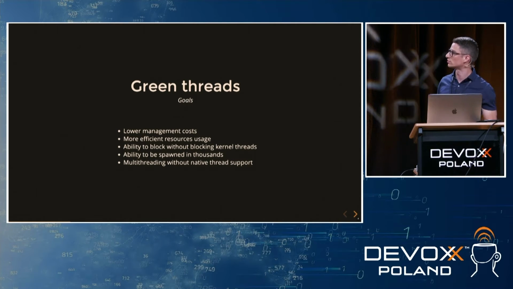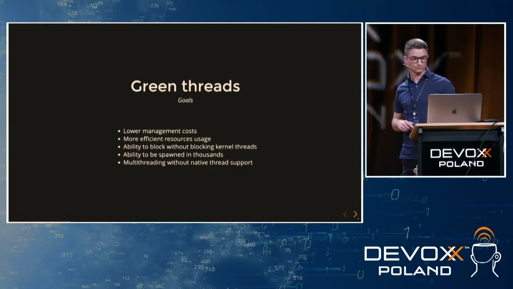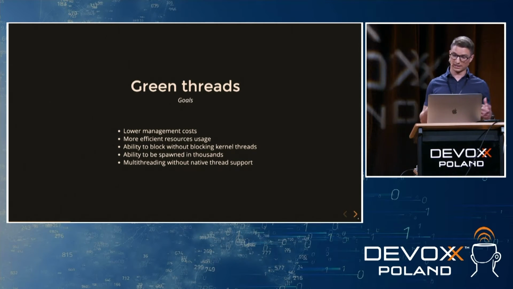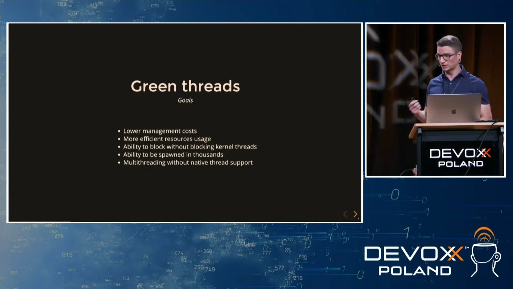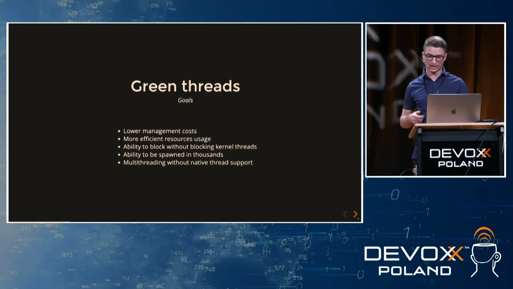They can use those resources more effectively. And since they are detached from kernel threads, we achieve different semantics when it comes to blocking. Because from now on, blocking on a green thread will block the green thread itself, but this will not propagate as blocking of the underlying JVM thread or kernel thread.